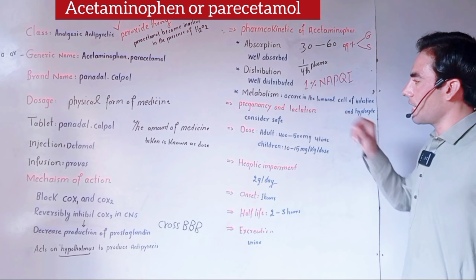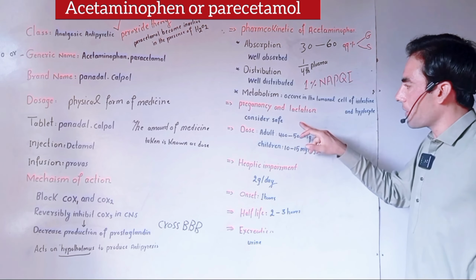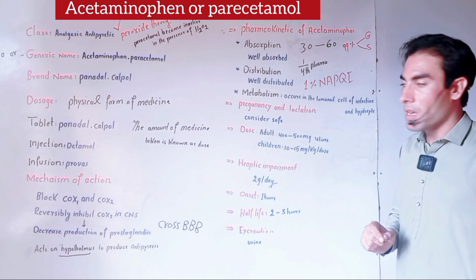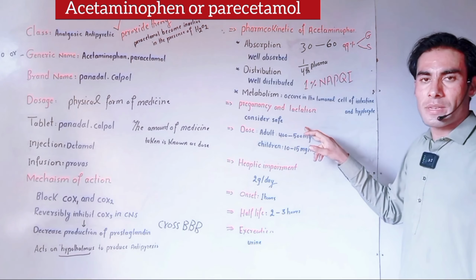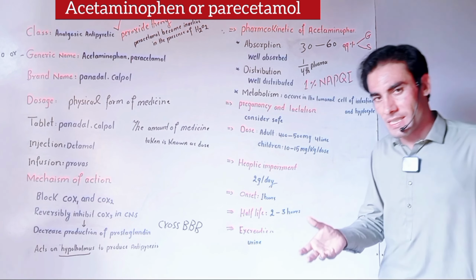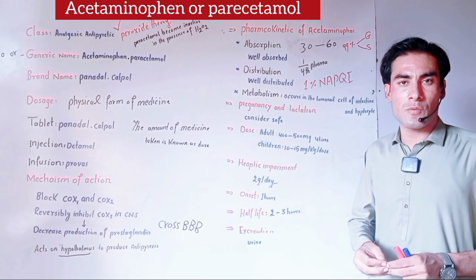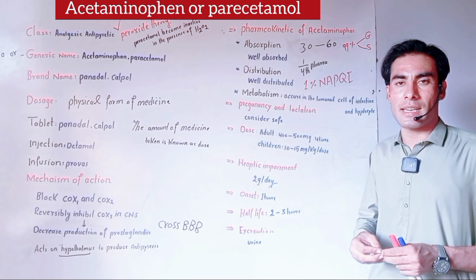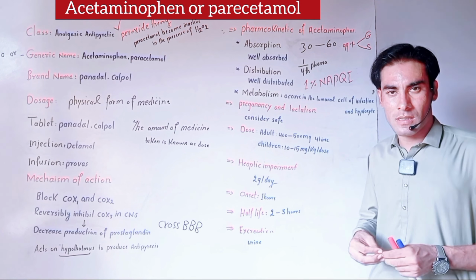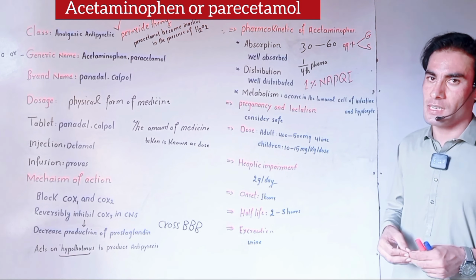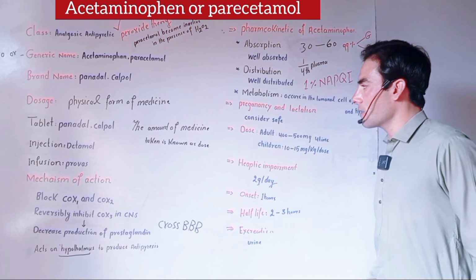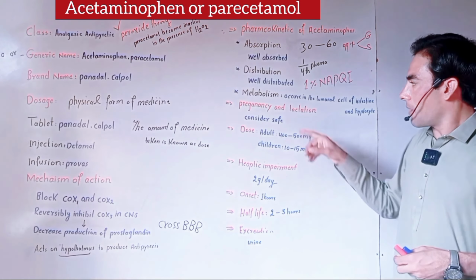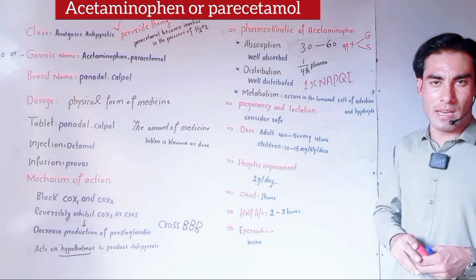Now come to pregnancy and lactation. Acetaminophen is generally considered safe during pregnancy and breastfeeding. The use of a normal dose of acetaminophen during pregnancy is not associated with an increased risk of miscarriage or stillbirth. However, in case of maternal overdose, spontaneous abortion can be seen. If we talk about lactation, breastfeeding is generally considered safe, but this drug is excreted in milk.